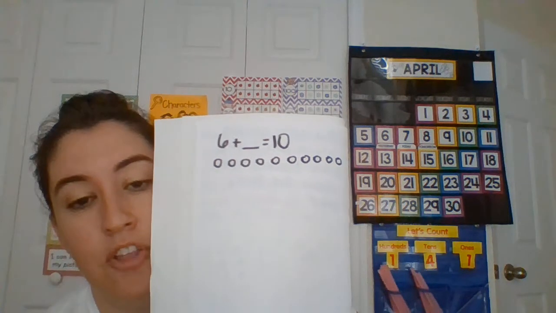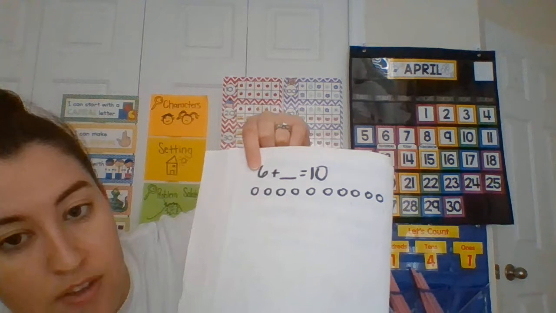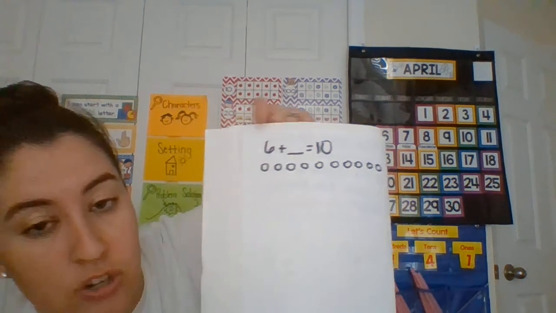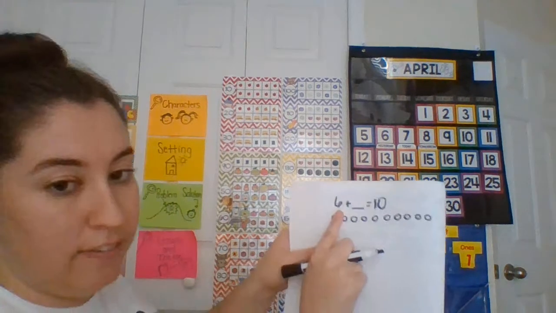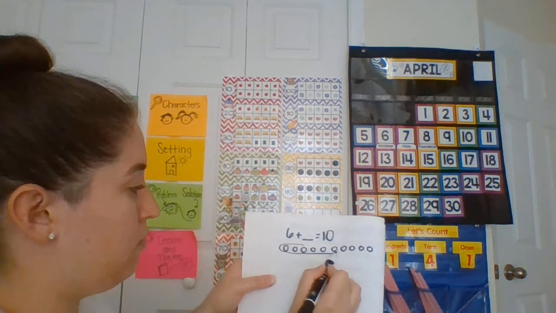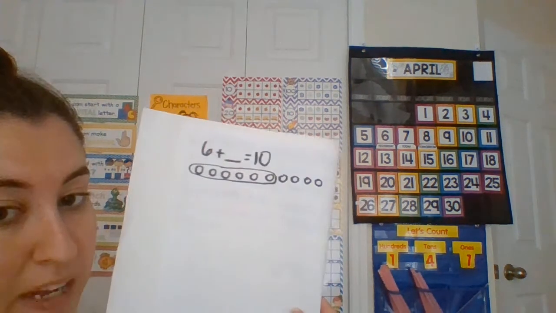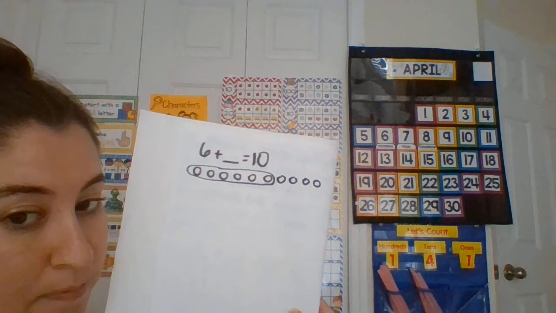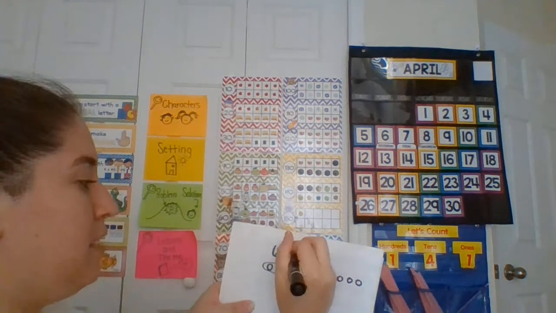And remember, the addends, these two, one of them we don't know, the other one, I can go ahead and make a group of 6 if I'm using my cubes. So I'm going to circle 6 of them. 3, 4, 5, 6. So how many is our missing number? 4. 4 is our missing number.